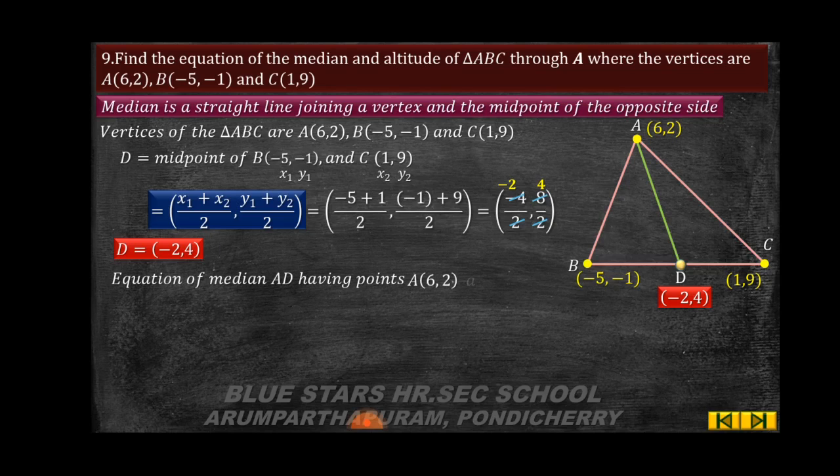Now we are going to find the equation of median AD, having the points A (6, 2) and D (-2, 4). So you just mark the x1, y1 and x2, y2 values. We know the two-point formula: (y - y1)/(y2 - y1) is equal to (x - x1)/(x2 - x1).